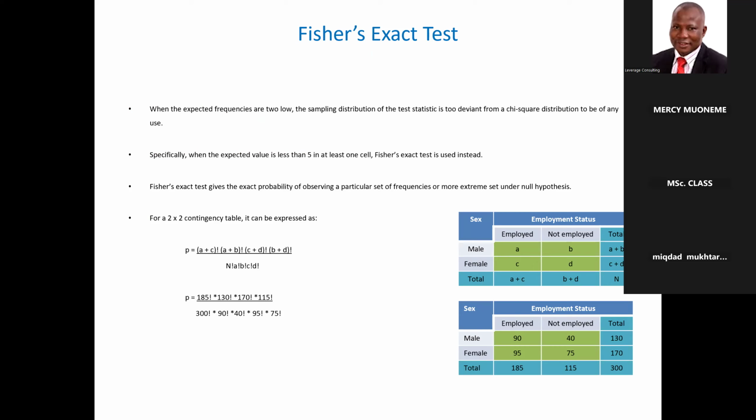You just calculate the p. So when chi-square is not valid, either because more than 20% of the cells have expected value less than 5, or any cell has expected value less than 1, Fisher exact will be used instead of chi-square. Chi-square is not valid, so you use Fisher exact.